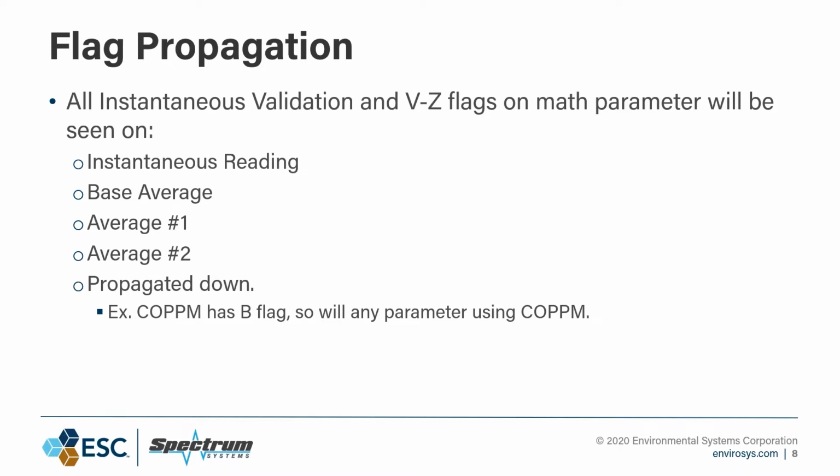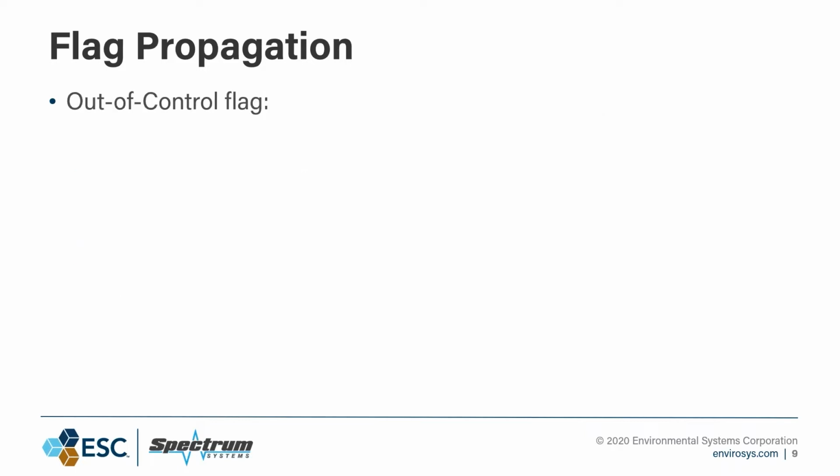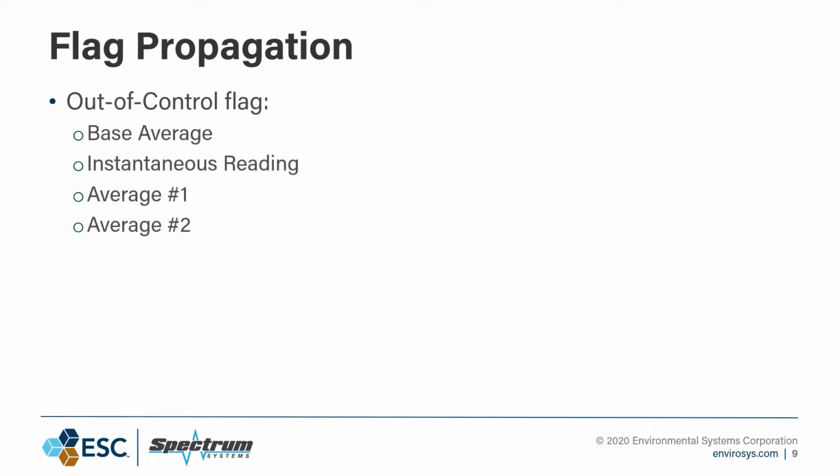For example, if COPPM has a B flag, of course COPPM would be used in CO pounds per hour and CO pounds per million. That B flag will be propagated over to the calculated parameter. The out of control flag, the T flag, will invalidate hourly data, with no exceptions except when you're offline.